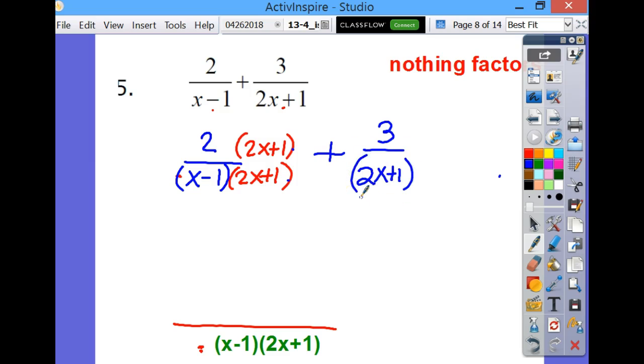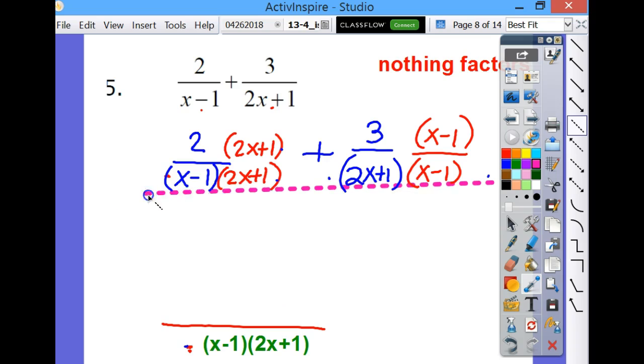Here's my second fraction. This has an x minus 1. This doesn't have an x minus 1. And if you will use the red pen, it just helps it show up so you can see it better.